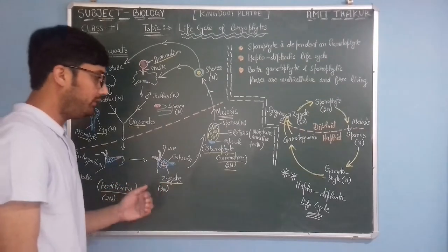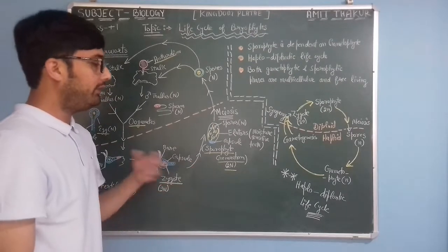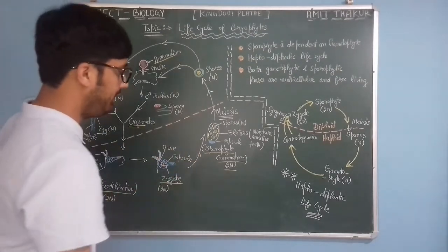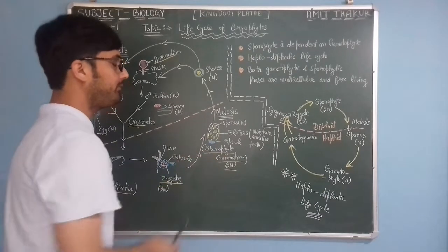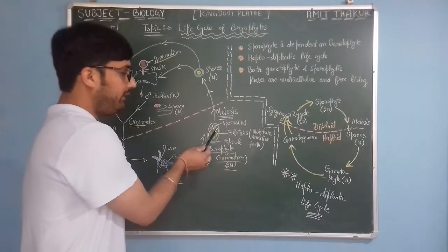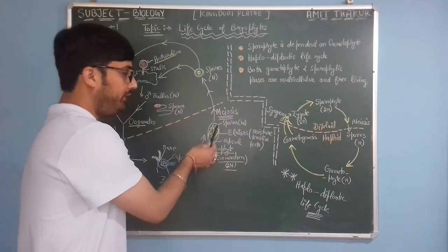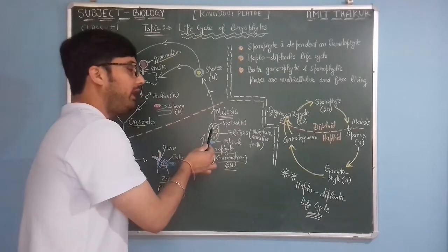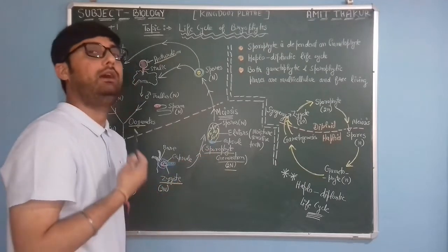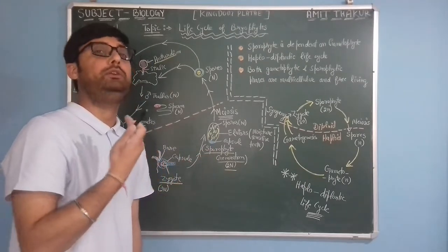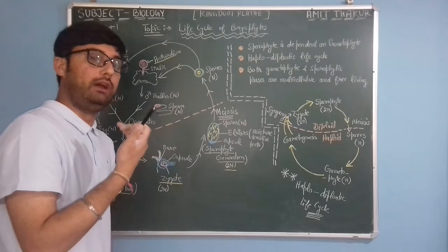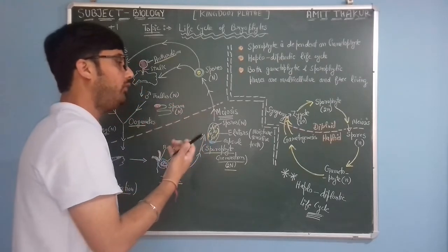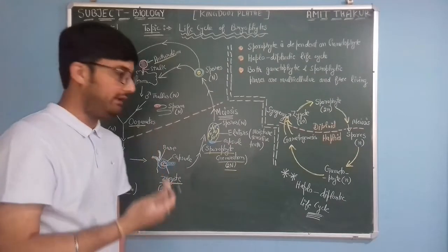Now this zygote would form the sporophyte, or sporophytic generation. This is the structure, and here you can see in this sporophytic body, spores start developing after the process of meiosis. So when meiosis occurs, these spores will be haploid in nature.